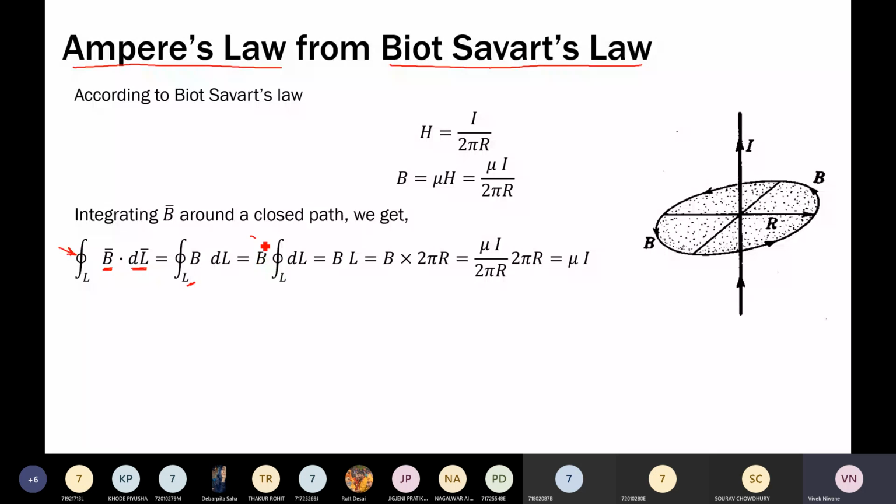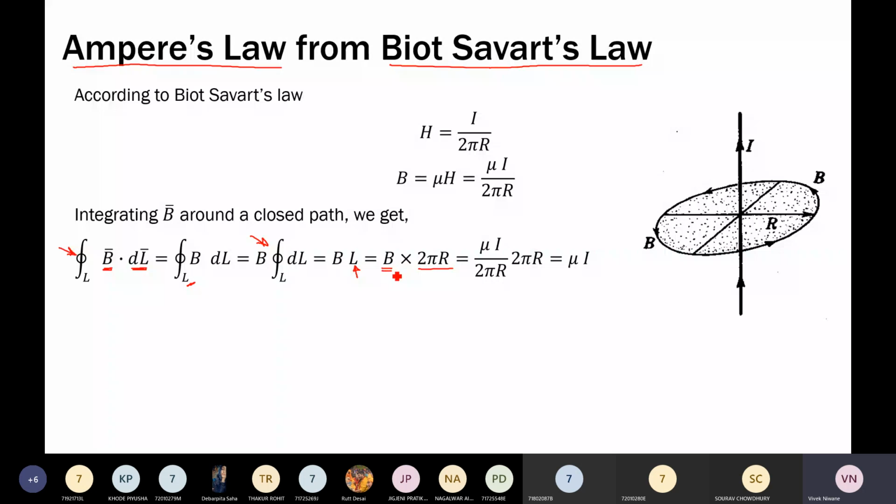Take out B as a constant, and the closed loop integration of DL will give us the complete length. If you are considering a circle, it will give us the circumference, so B into L, the complete length of the circular loop, and the circumference of a circle is 2 pi R.